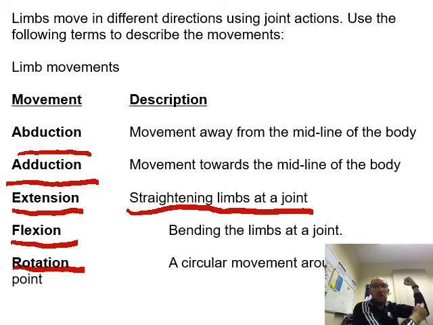So flexion is the bending of a limb at the joint. Think of flexing your arm. The next one is rotation. Rotation is making that circle movement. Rotations usually happen at ball and socket joints, in the shoulder and in the hip. That's where we can offer that rotation of the shoulder going round in nice big circles.